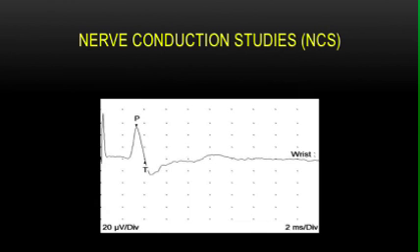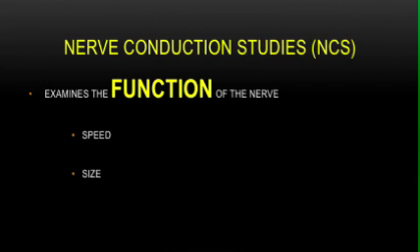And when you stimulate the nerve, you get a curve like this, which allows us to analyze how the nerve is functioning. And I use the word function because in nerve conduction studies, what we're doing is examining the function of the nerve. For the most part, we're looking at the speed and the size of the nerve to evaluate its function.